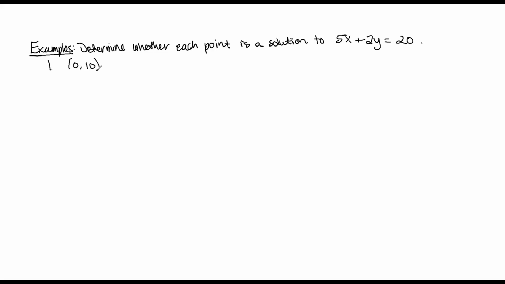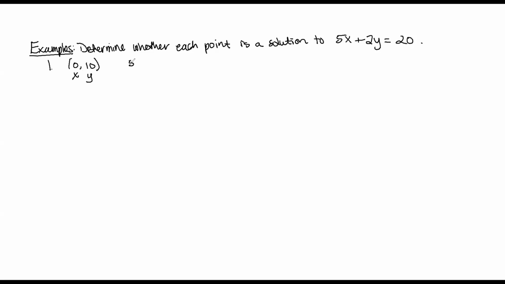Before we took a look at some 1 variable equations where we needed to figure out if a specific number was a solution. And so we wanted to plug that in, make sure that the left side equals the right side. And if it does, it's a solution. Same thing with this, except now we're plugging in 2 things. We have our x coordinate and our y coordinate.